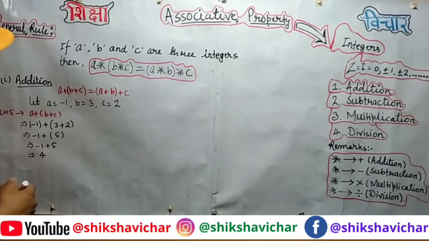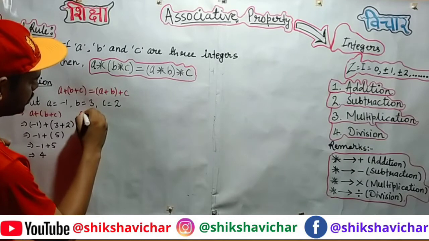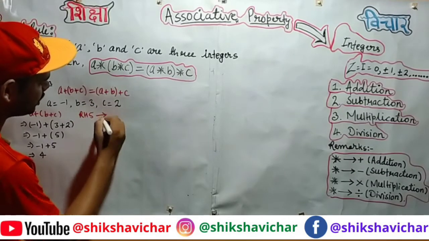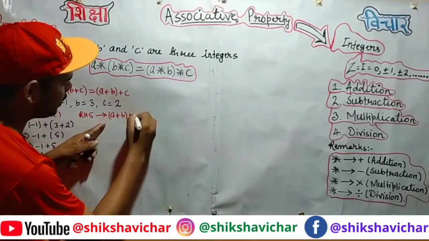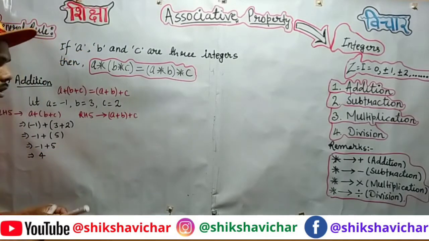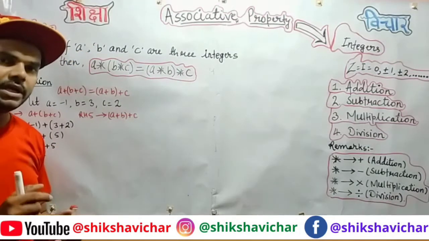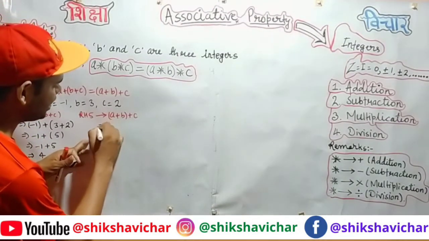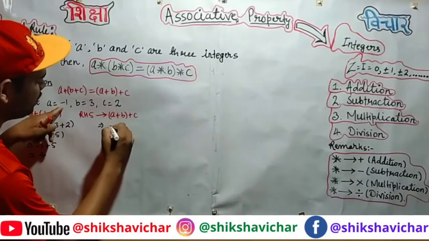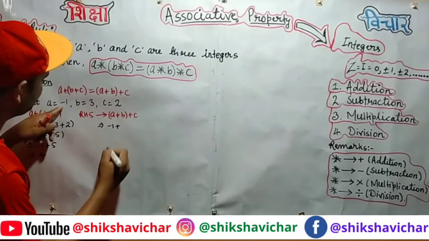Now we will check the right hand side. The right hand side of our result is A plus B inside bracket plus C. Now we will put the values of A, B and C. What is the value of A? Minus 1, plus B, what is the value of B?